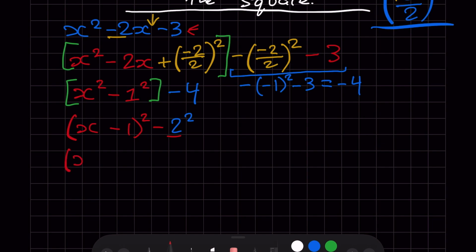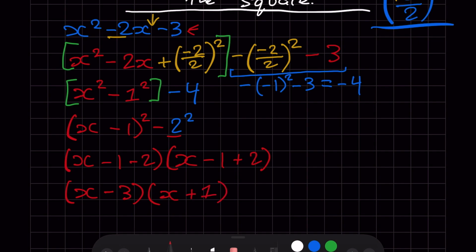Then we put it together, x minus 1 minus 2, x minus 1 plus 2. Answer these simple questions. Negative 1 take 2 is equal to negative 3. Negative 1 plus 2 is equal to positive 1. And that is our answer, x take 3, x plus 1.